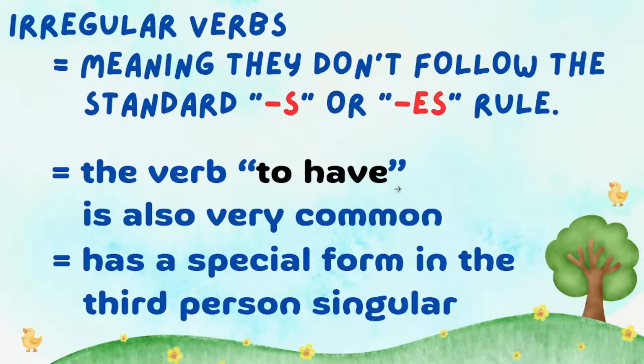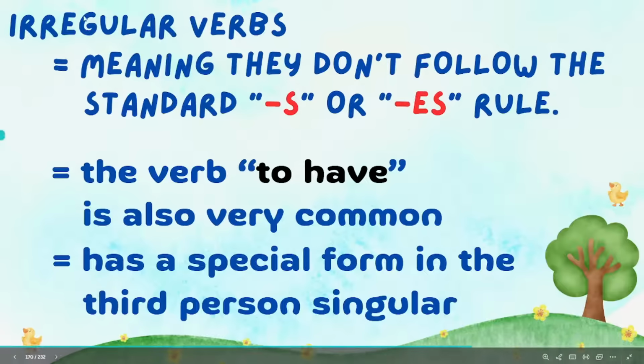It is also very common, like to be, and it also has a special form in the third person singular. As I discussed earlier, the other topic is to be. This one is to have. And it does not follow the standard S or ES rule.